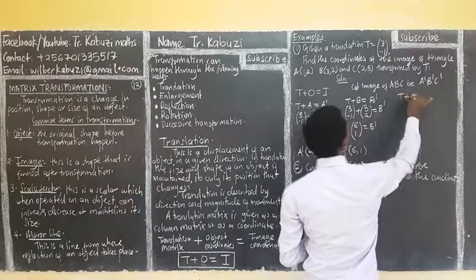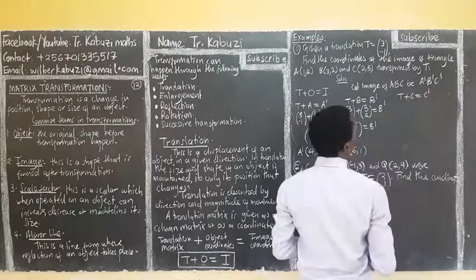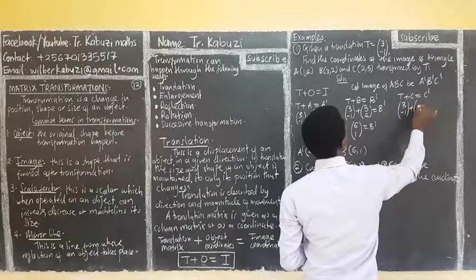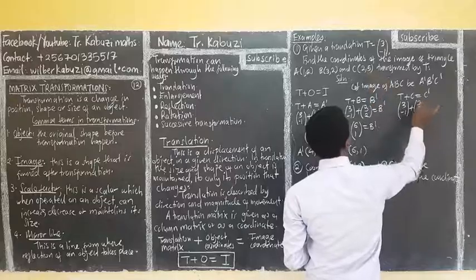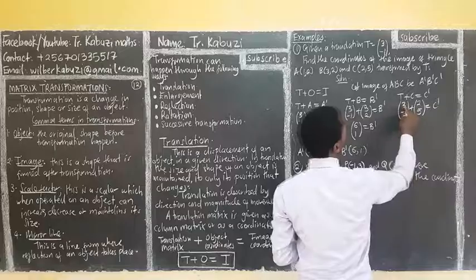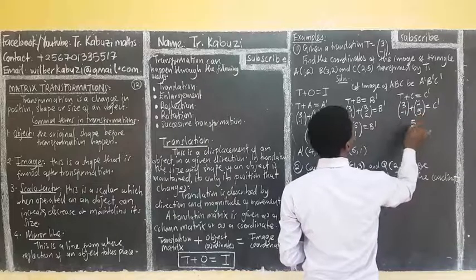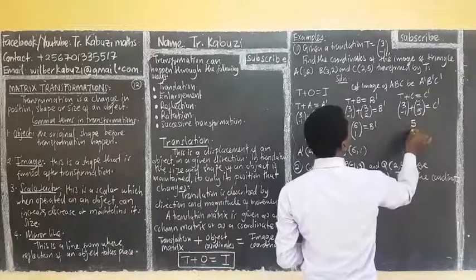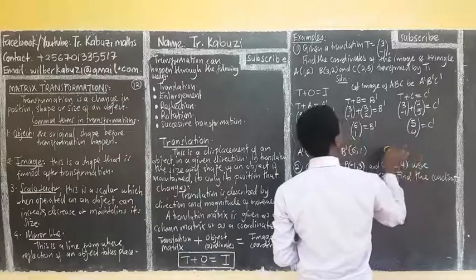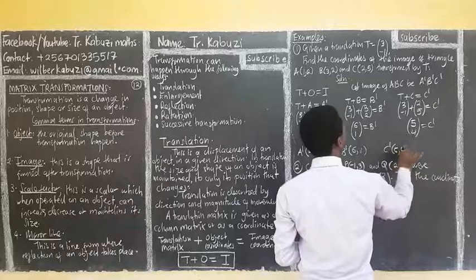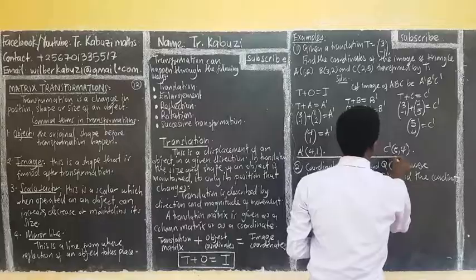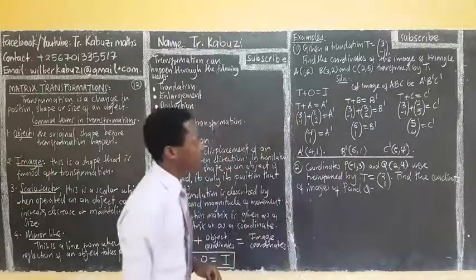Then T plus C is going to be C prime. My T, 3, negative 1, plus C in column form. Then add 3 plus 2, you get 5. Negative 1 plus 5, you get a 4, equaling C prime, and so my C prime will be 5, 4. Then you underline these as the coordinates of the images.